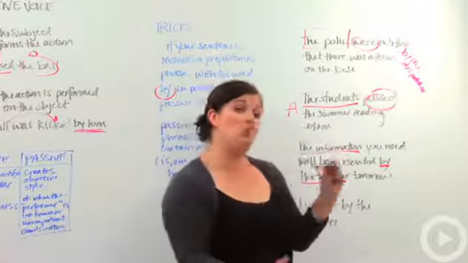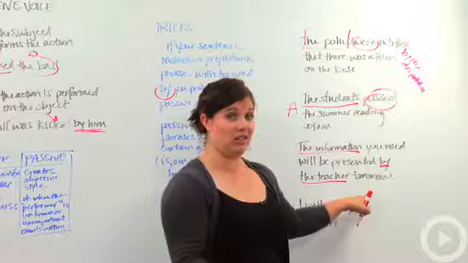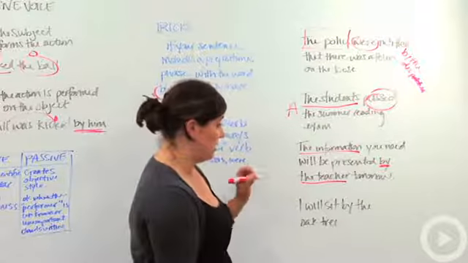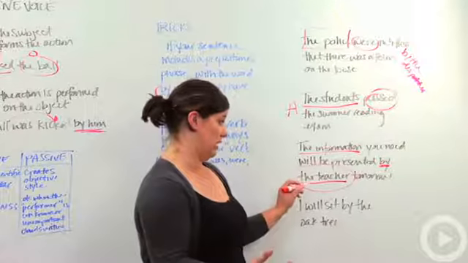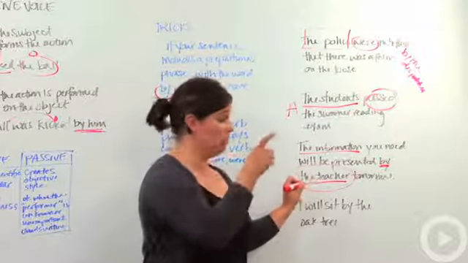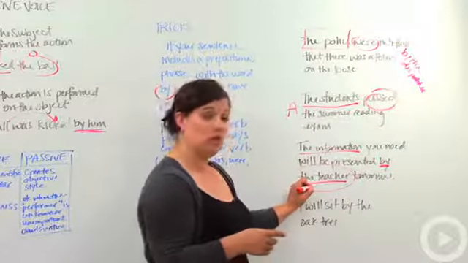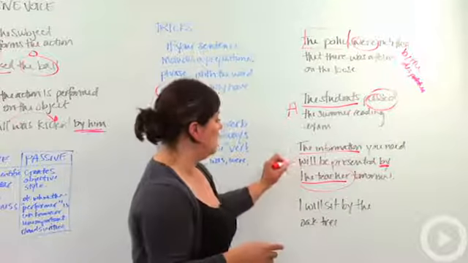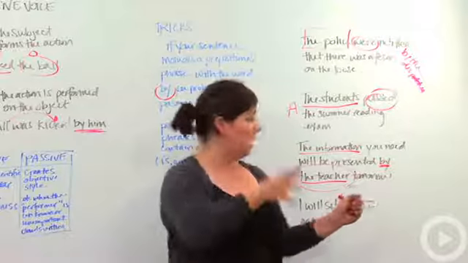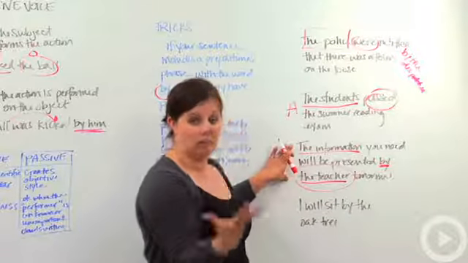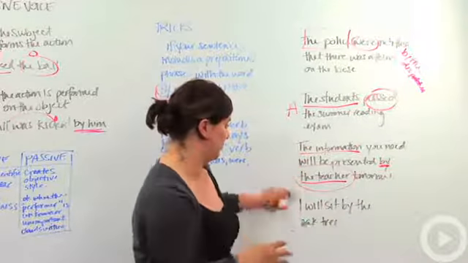All right, if we wanted to take this and transfer it into active voice, it would be pretty easy though. We can decide, well, who's actually doing something here? Well, it's the teacher that's going to be presenting information. So let's focus here and change the sentence to, the teacher will be presenting the information you need tomorrow. Now we've taken the same idea, flipped it from passive to active.